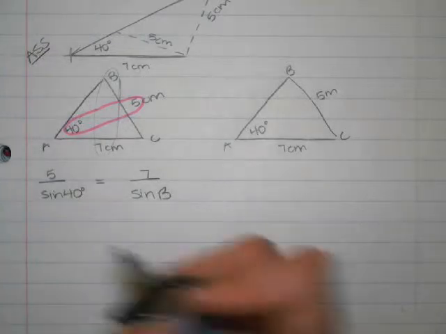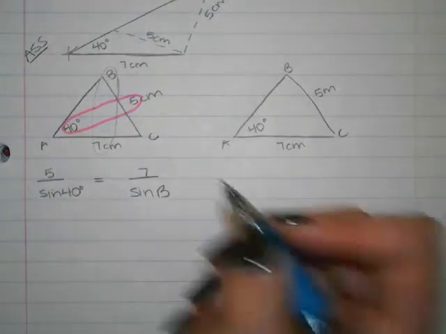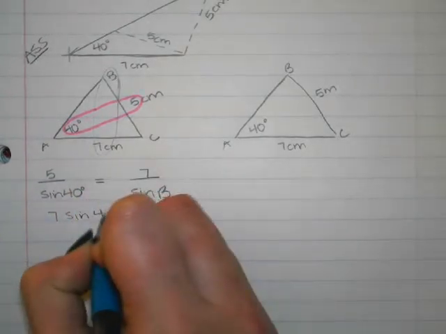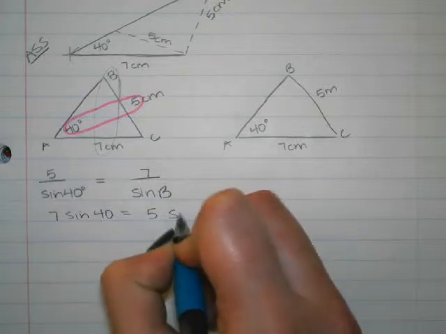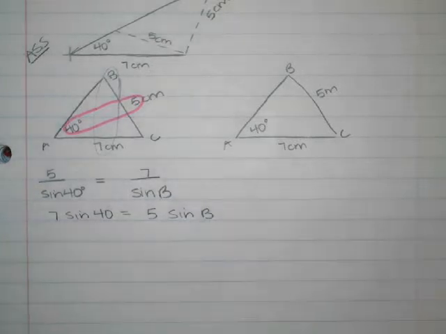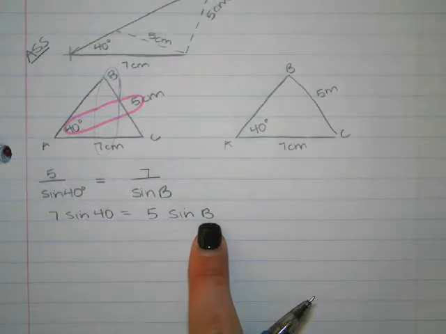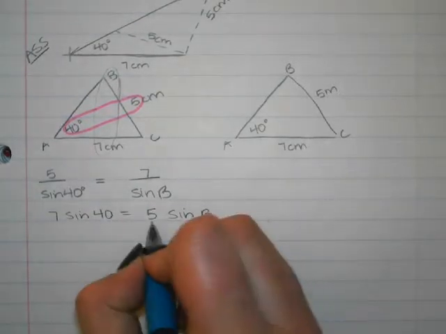Okay, so here we're going to do the same thing we did last time. We're going to cross multiply. So I'm going to get 7 times sine 40 equals 5 times sine B. And then what do I have to do to get sine B by itself? Divide by 5.